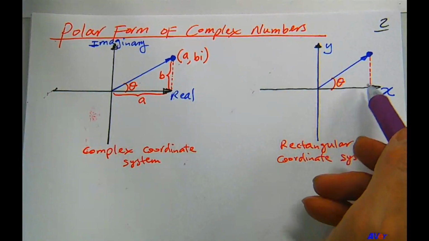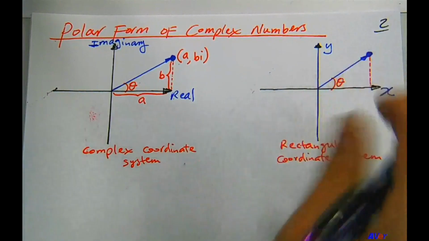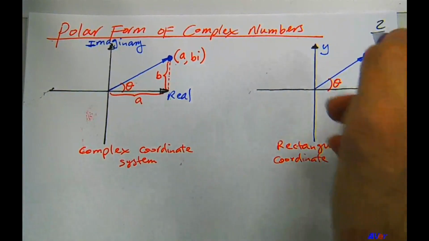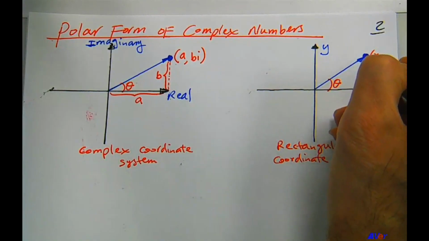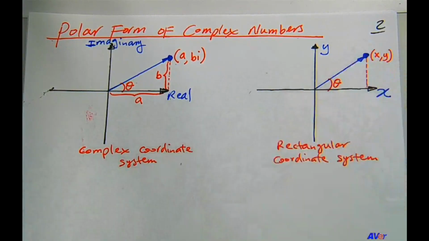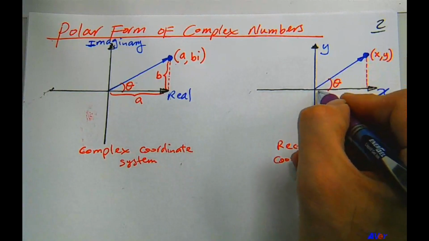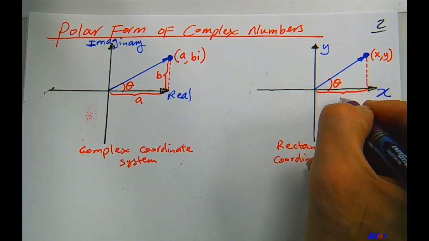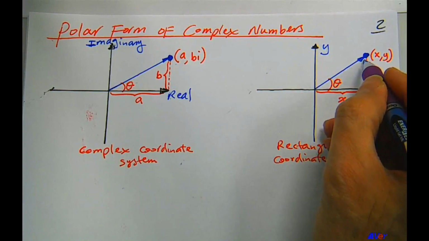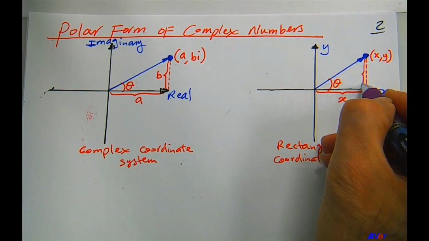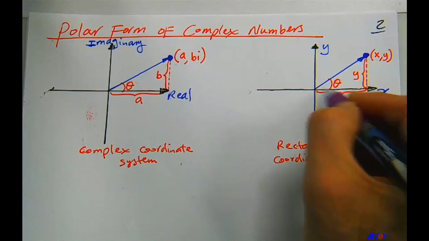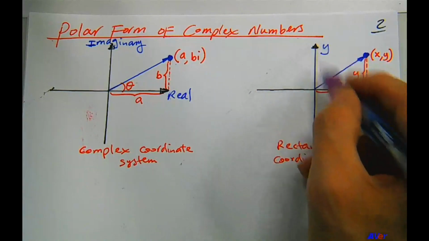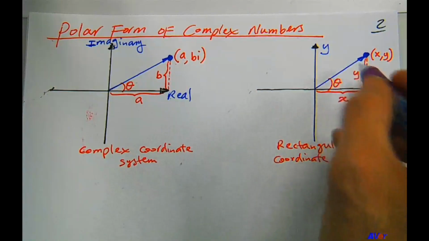Now in the rectangular coordinate system, we have, of course, x, y, right? We know that. And so x being this distance adjacent to the theta angle, and y being this vertical distance in the direction of the y-axis.